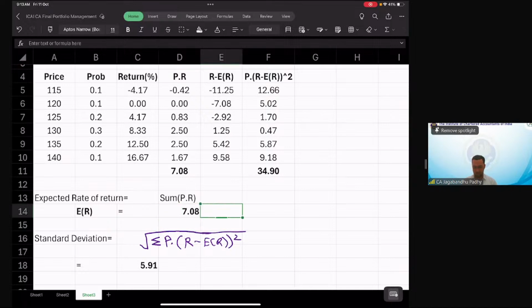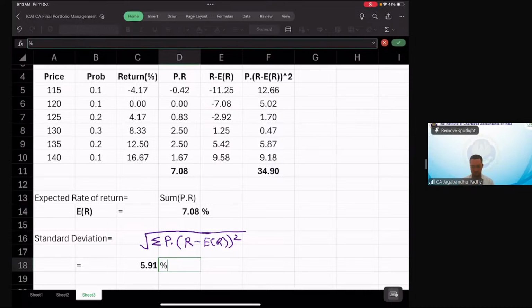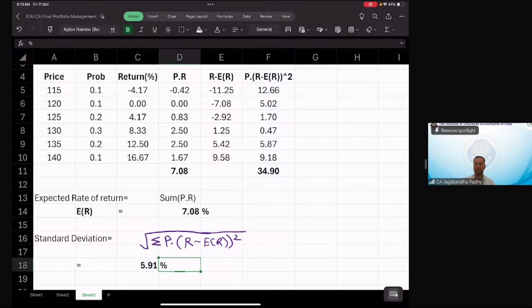Okay, now of course these are percentage terms. So expected return is 7.08% and standard deviation is 5.91%. One of the primitive measures of risk of a security is standard deviation, and it is still used even today in most cases. Of course, it is complemented with other measures also.